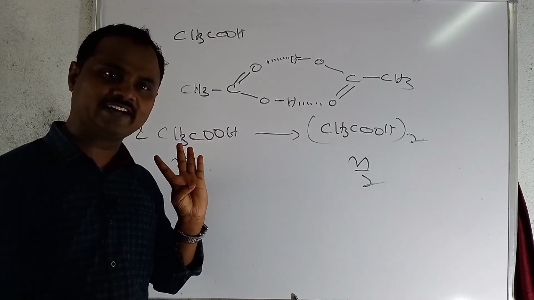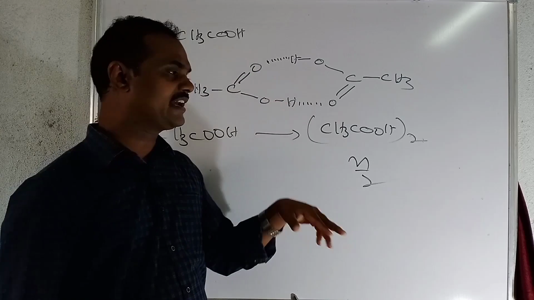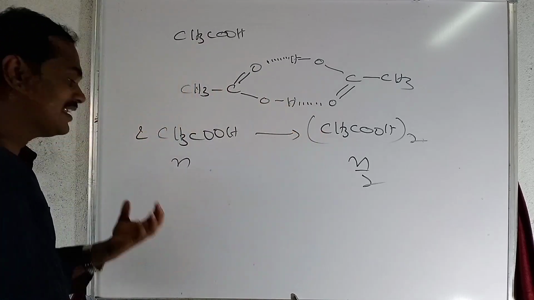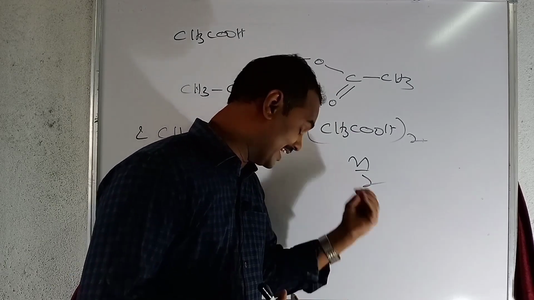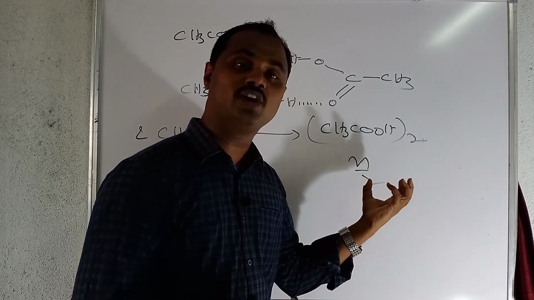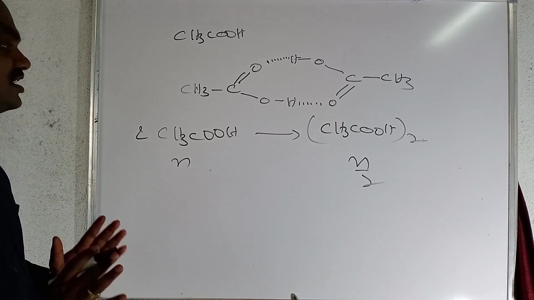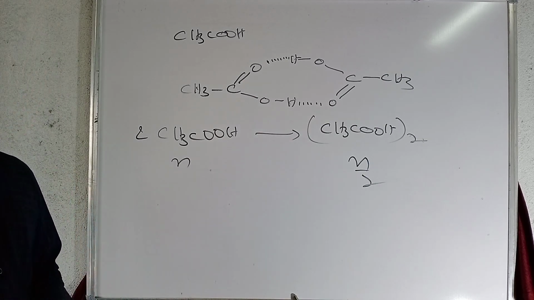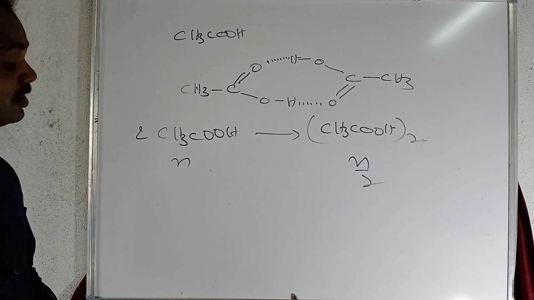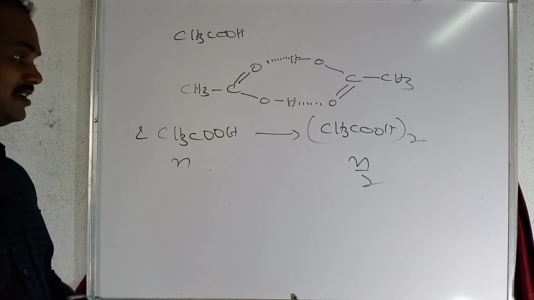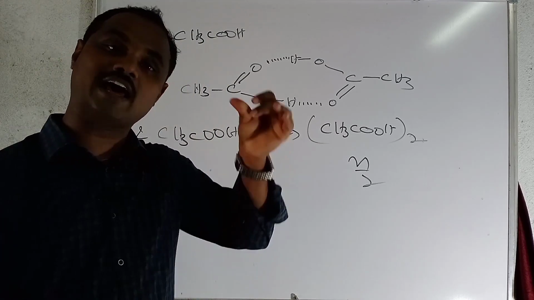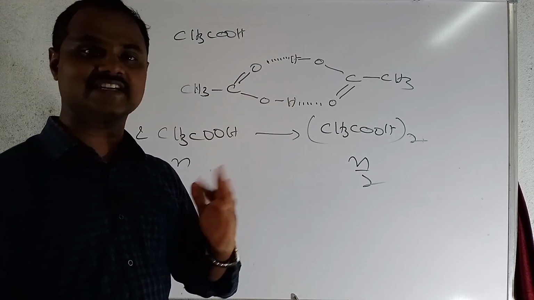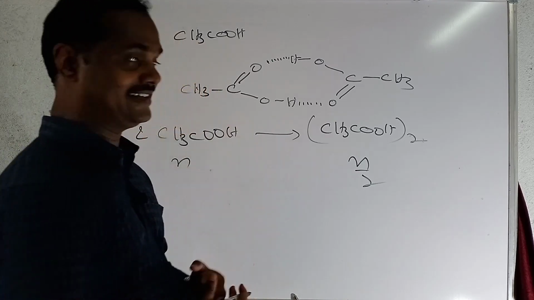If you take 4 molecules like that, 4 become 2. Same: if n molecules are taken, after association, after dimerization, the obtained number of molecules is n by 2. In the association case, the number of particles decreases, but the abnormal molecular mass increases. In the dissociation case, the number of particles increases, but the abnormal molar mass decreases. We have seen NaCl and KCl previously as examples for that.